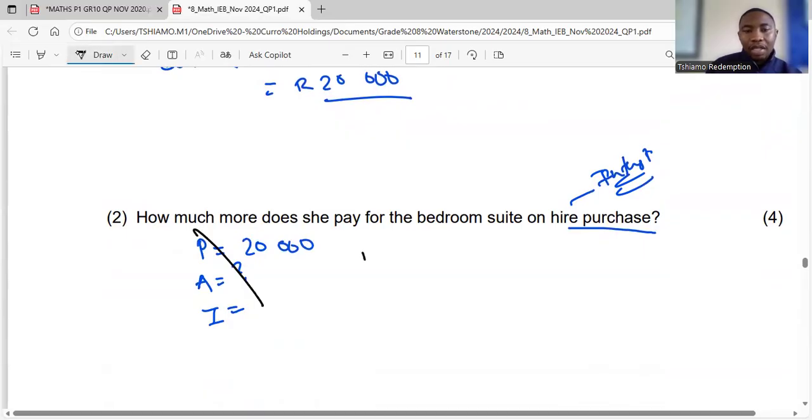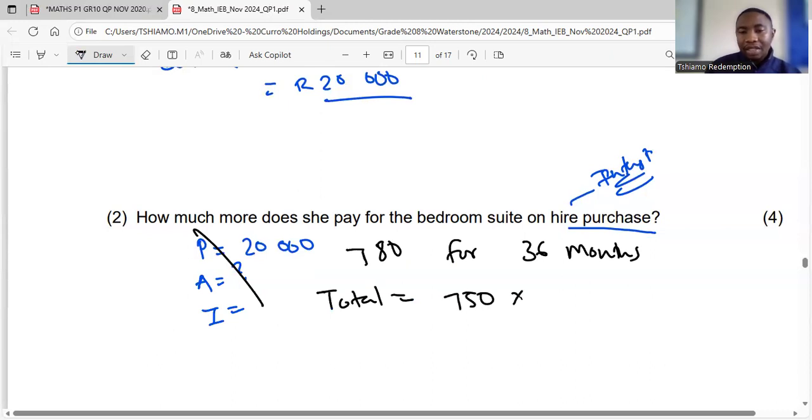They told us she's paying 780 for 36 months. So how much is she going to pay in total? I'm going to say 780 times 36.